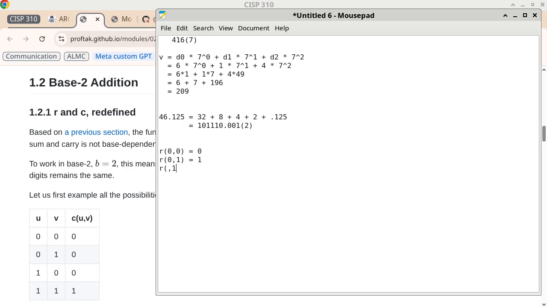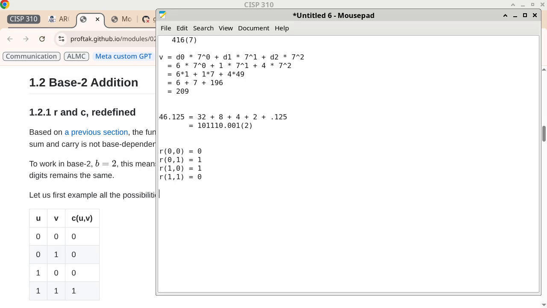What is 1 plus 0? 1. And the only one that is a little bit tricky is 1 plus 1. It is a 0. Are we sure that we have exhausted all the cases? With base 10, we have 100 of these things. With base 2, we only got 4. Are we good so far?